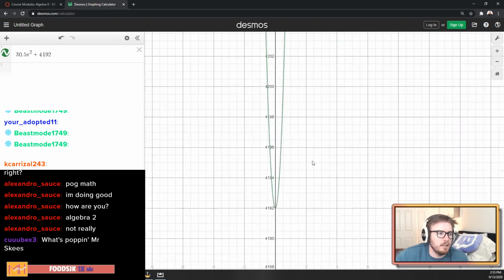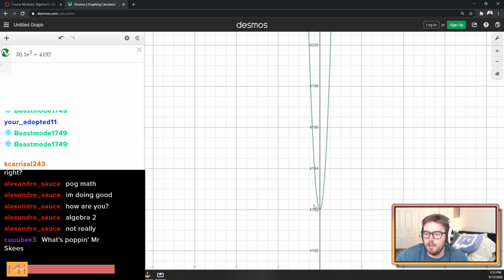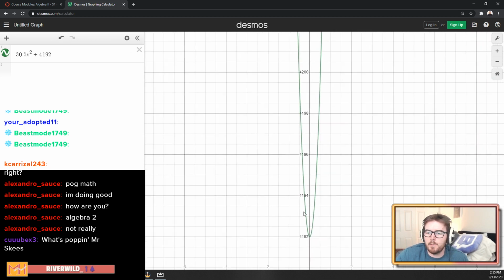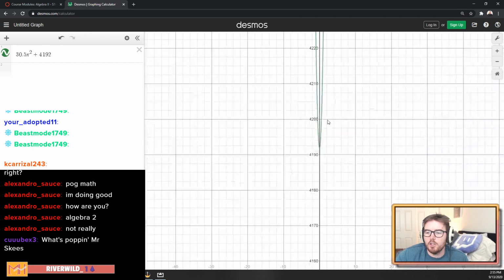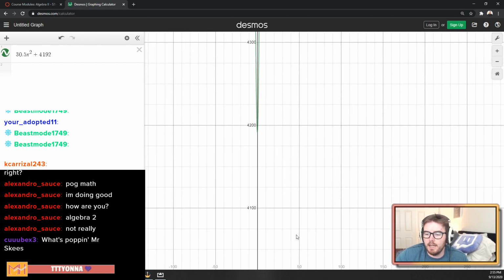It's just kind of weird the way I'm having to zoom in to see the trend of the graph. So this graph represents the cost of a car. I know it's so skinny. And my x-axis is so weird.